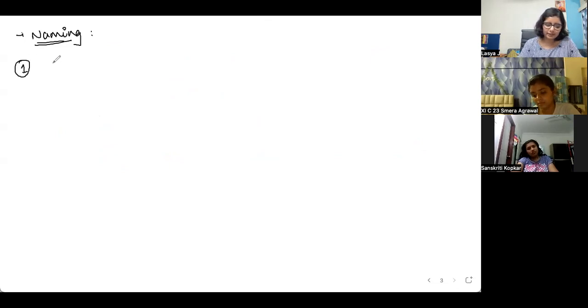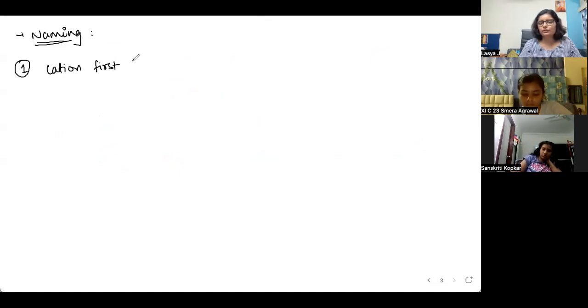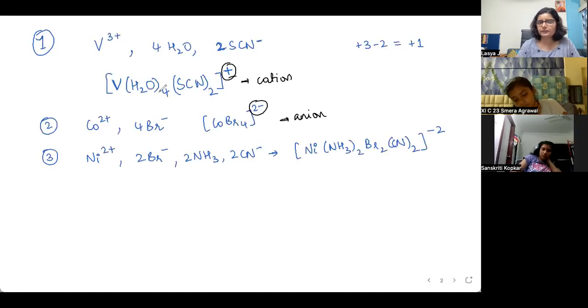The first thing is you start off with the central atom, like cation first. So this is for both cationic complexes and anionic complexes. When I say cation first, I mean here the cation is vanadium, right? So even the complex ka name will always start with vanadium or cobalt, whatever the metal complex is.